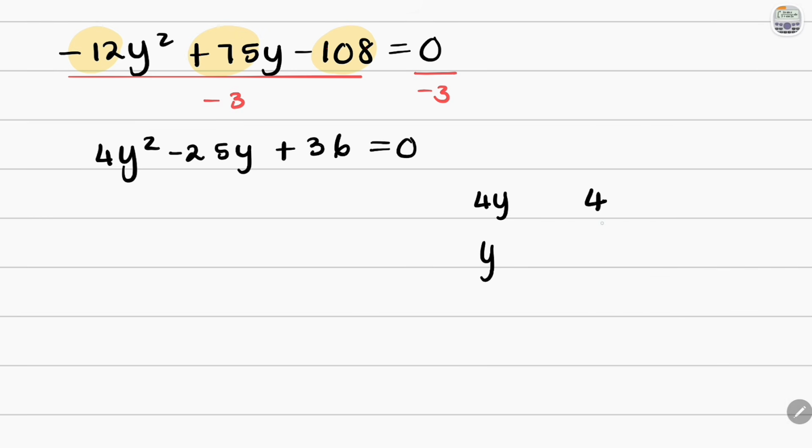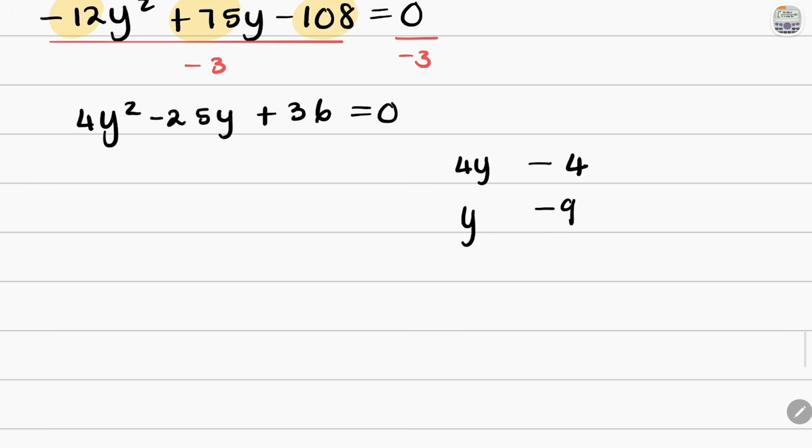Okay, so 4 and 9, but you see that only the middle is negative, meaning both of these values will be negative. Let's try to cross multiply and see whether we get this middle term of negative 25y. So 4y times negative 9 is negative 36y. And then if you say y times negative 4, that's negative 4y.